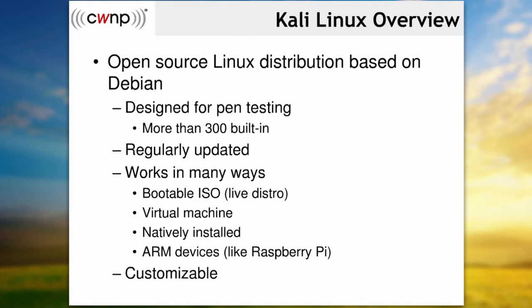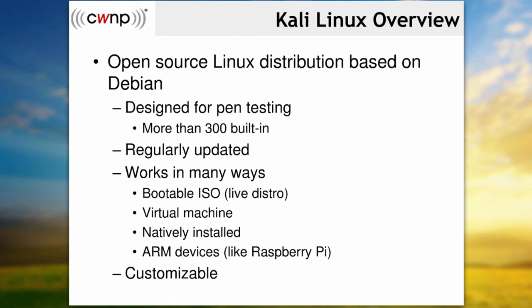So there are many different distributions or packages of Kali Linux that you can get depending on what exactly it is that you're doing. Generally speaking, I recommend people start with the ISO downloadable DVD and then add on extra packages if they need them. You can use the apt-get command in the console to add extra Kali Linux packages if you want to add those in. It is regularly updated, and it works in many different ways.